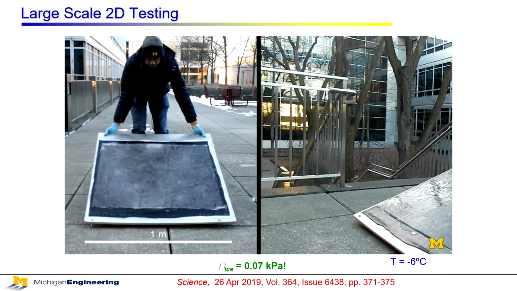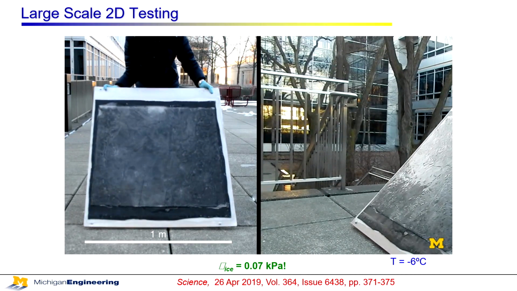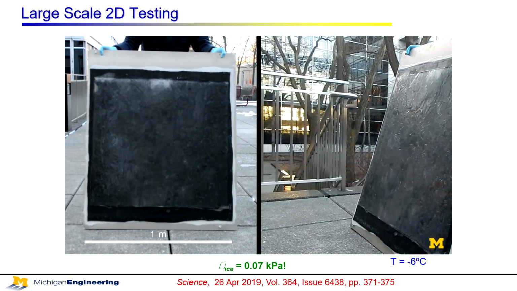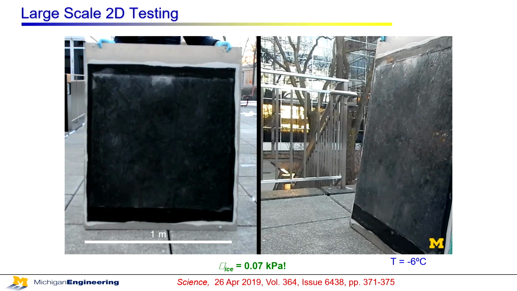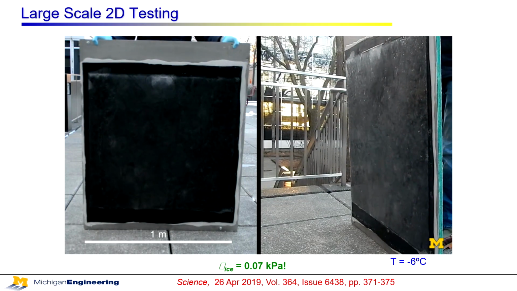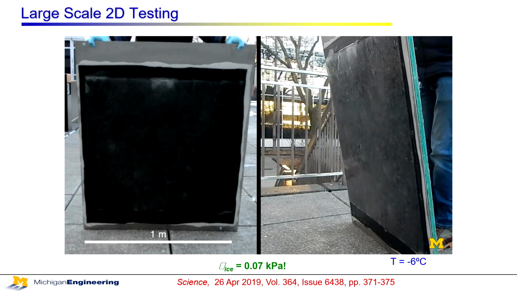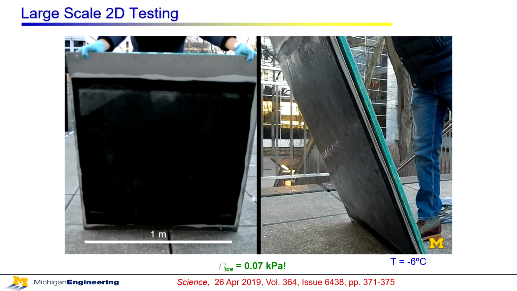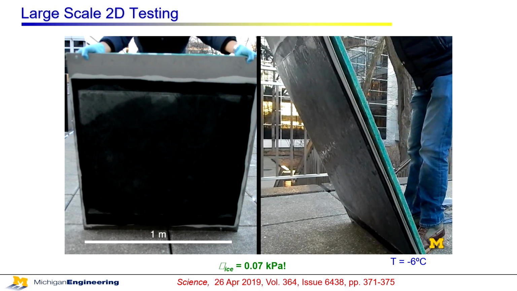This is sort of one of the examples. So Michigan is a great place to be able to do ice shedding work. You can test your coatings outside. This black one, I chose a black one for a reason, as you'll see. This is one of our coatings that was developed. It's a black rubber. What you'll see in just a second is about a 1 meter by 1 meter sample. What you'll see in just a second is there's a crack that starts to propagate.